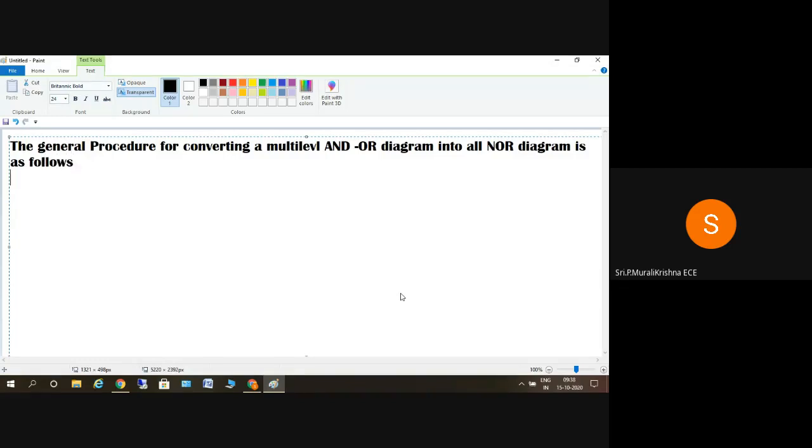The same procedure, but there are a few small changes in it. First, convert all the OR gates to NOR gates. Generally, a NOR gate is the inversion of OR, so we use the OR invert graphic symbol.